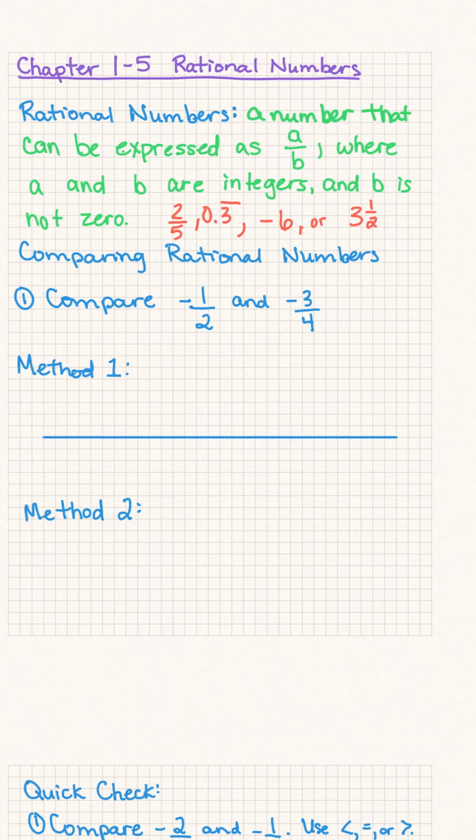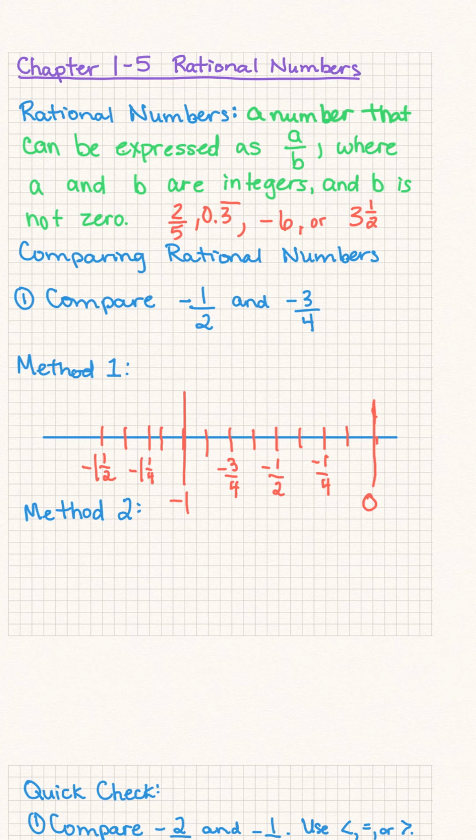So we want to look at comparing these rational numbers. We're going to start with comparing -1/2 and -3/4. Our first method is to create a number line. Okay, so here's my number line.